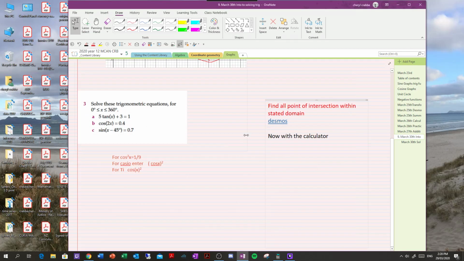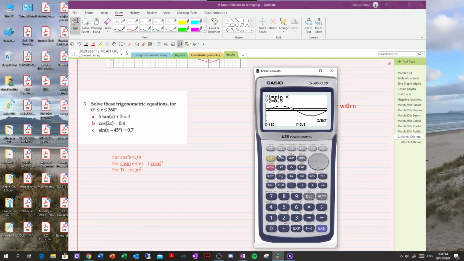That solves that equation. Now, if we want to do this on my graphing calculator, I'll put 5 tan x plus 3, and then I'll put it in y1. I should have put that as y1, but it doesn't matter. Draw. There we go.